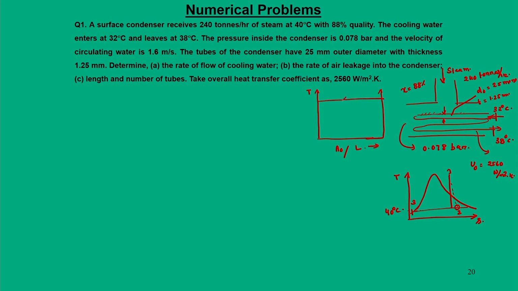This is a counter flow heat exchanger and cooling water temperature increases, and this is delta T O, or the TTD, and this is delta T I. From the data that is given, this temperature is 32 degree centigrade, this is 38 degree centigrade, and condensation takes place at 40 degree centigrade, that is T saturated.